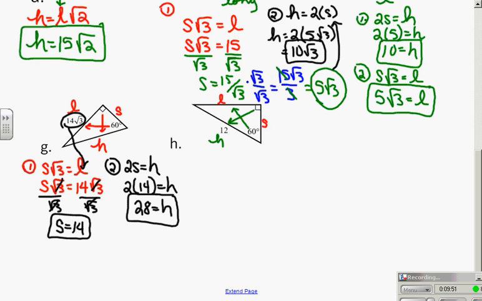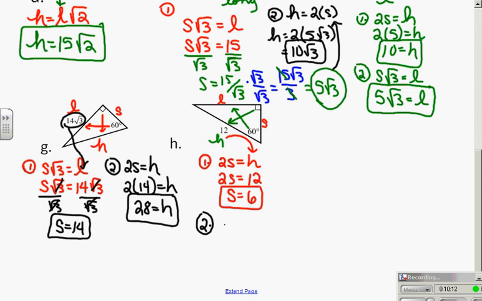Example H is also a 30, 60, 90 triangle where I'm given the hypotenuse. I don't know that long leg or the short leg. So first step, 2 times the short leg is the hypotenuse.